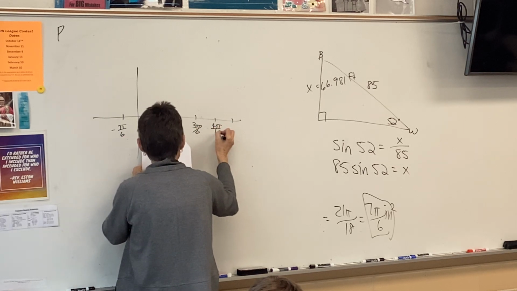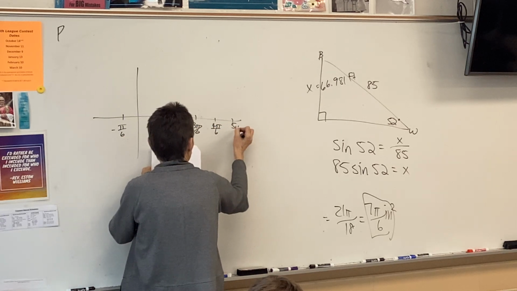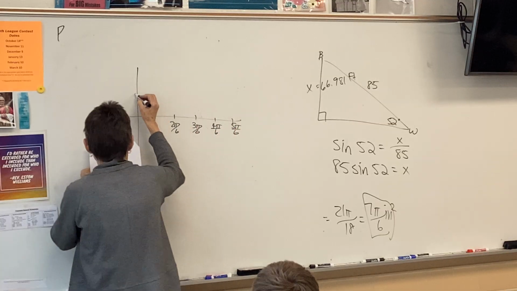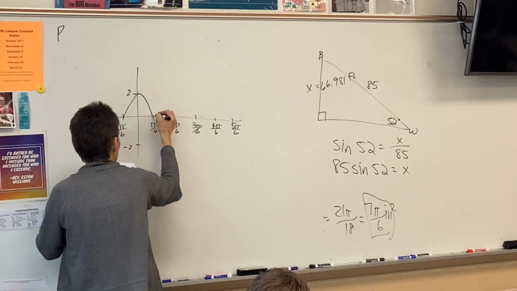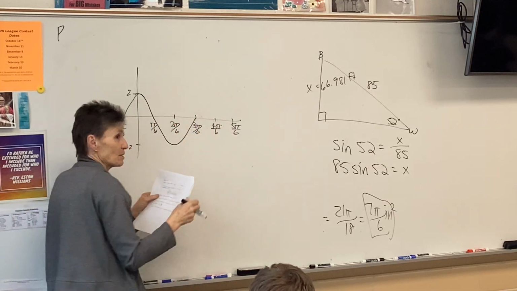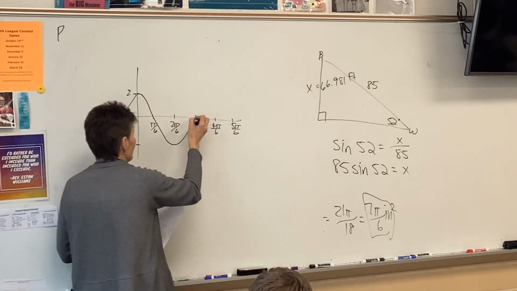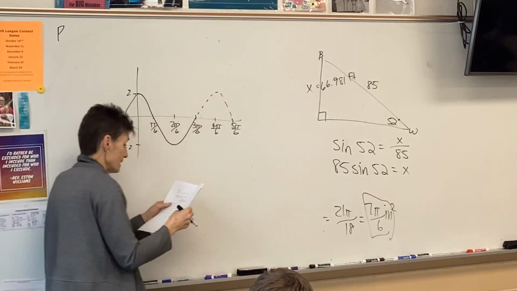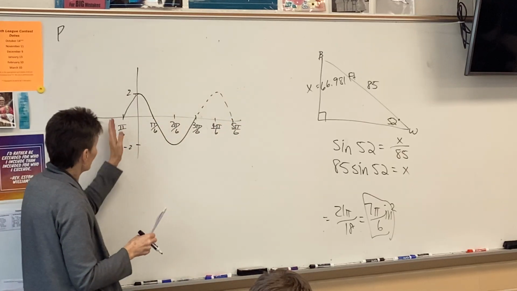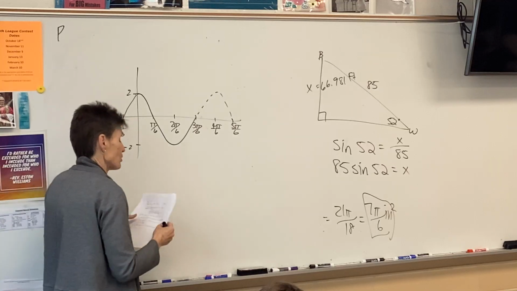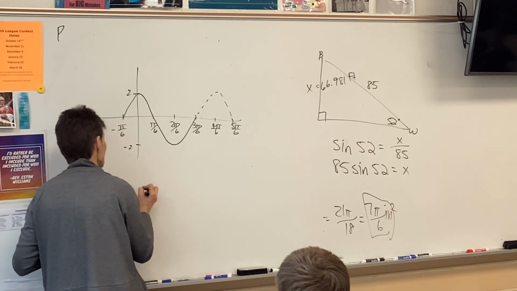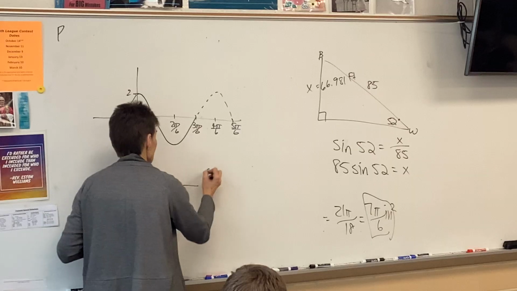Does this look like a sine or a cosine to you? Sine? Me too, because I see this right here. I know it goes on more, but isn't that solid part a sine curve? So I'm going to start by writing a sine curve. It doesn't make any difference.